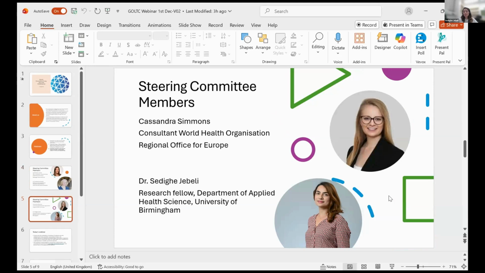Cassandra was working as a consultant in the World Health Organization Regional Office for Europe, and she has extensive experience in long-term care policies and financing. And myself, I'm Sadiqa Jebeli. I'm a research fellow and a health economist within the Department of Applied Health Science, University of Birmingham, and I also have the same interest in long-term care and especially economic evaluation and population level impacts.